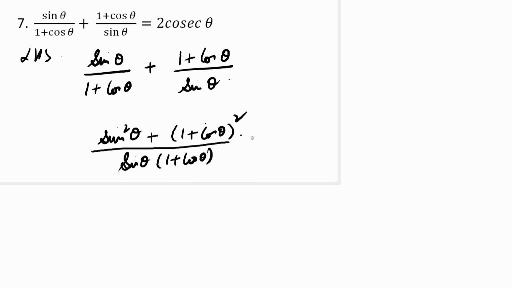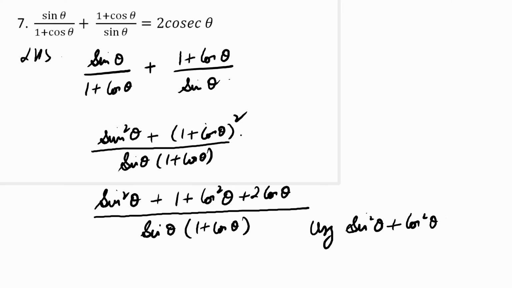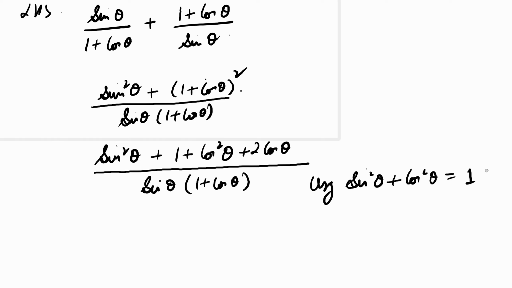Now I'll again use the algebraic identity (a plus b) whole square. So sin square theta plus 1 plus cos square theta plus 2 cos theta upon sin theta (1 plus cos theta). Now for these, I will use the identity sin square theta plus cos square theta is equal to 1.